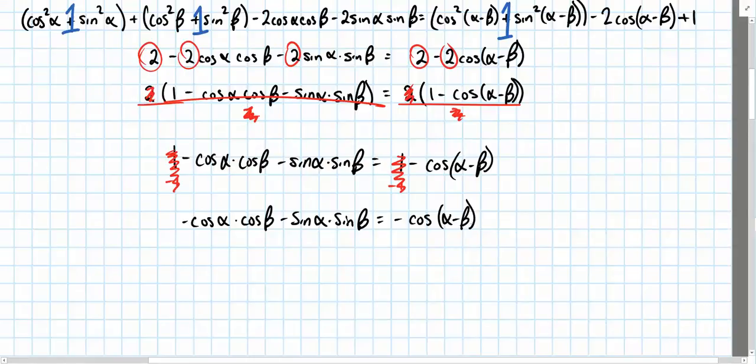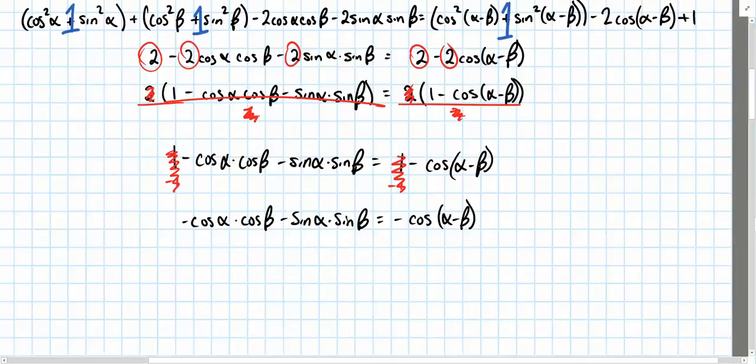Oh boy, we're almost there. Now, what I don't like about this expression here is that I've got negative signs all over the place. So what I'd like to do is add cosine of alpha minus beta to move that to the left side of the equation. I'm adding that to both the left and the right-hand side. And then I'm going to add this group to both sides of the equation and this group to both sides of the equation, effectively just moving these items across from the equal sign.